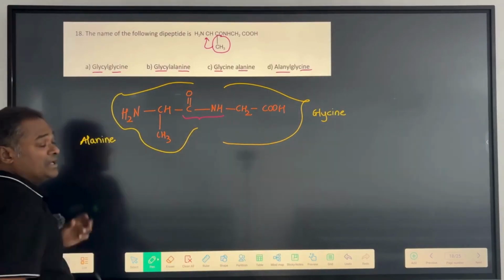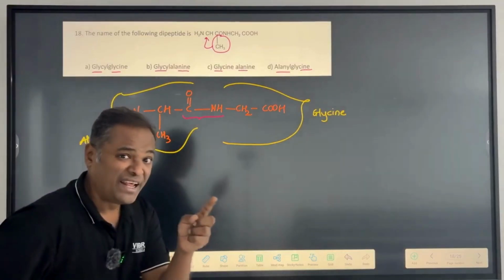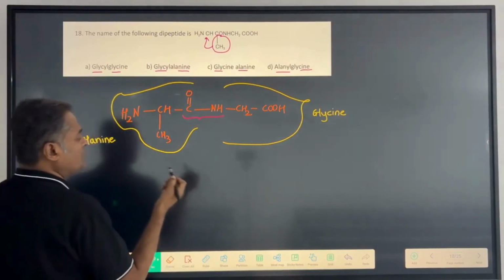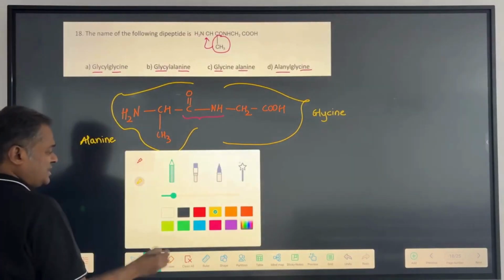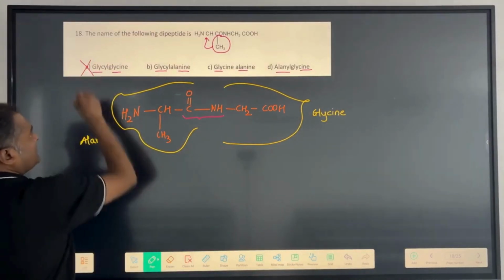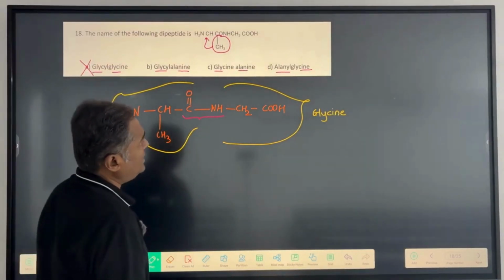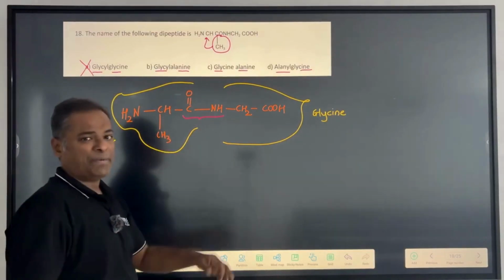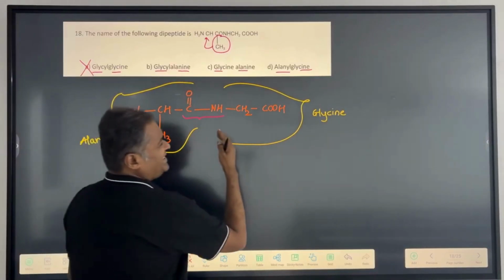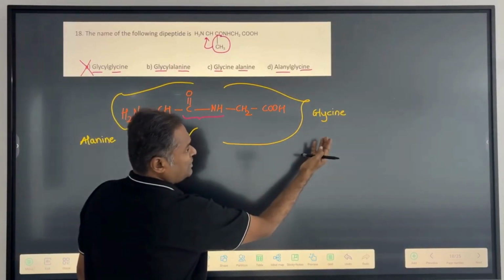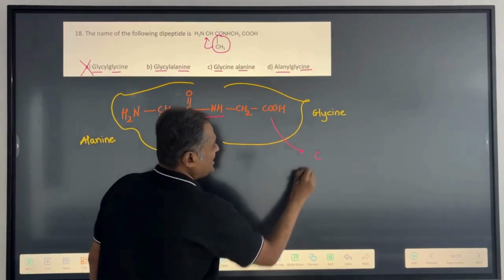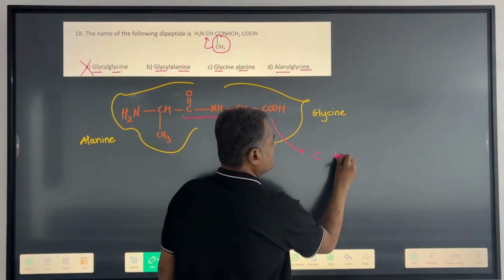That means this is a combination of alanine and glycine. So first of all, the names which are not proper we'll remove. As per the options, the option glycine will get cancelled. Now, how to name this dipeptide? It's very simple. Do you know that the right hand side part of the peptide chain has its C terminal free.